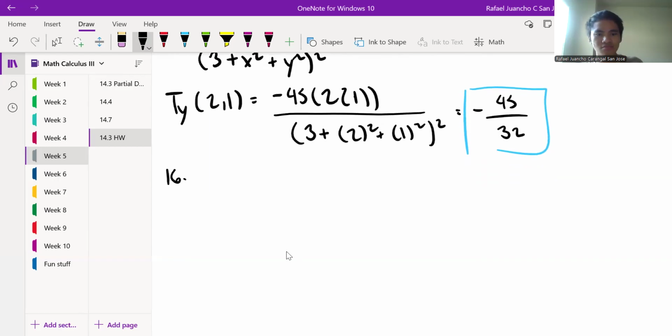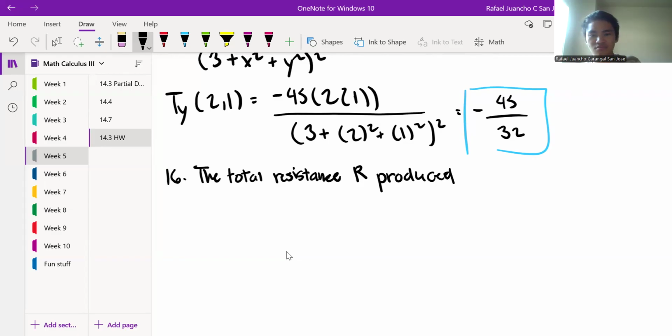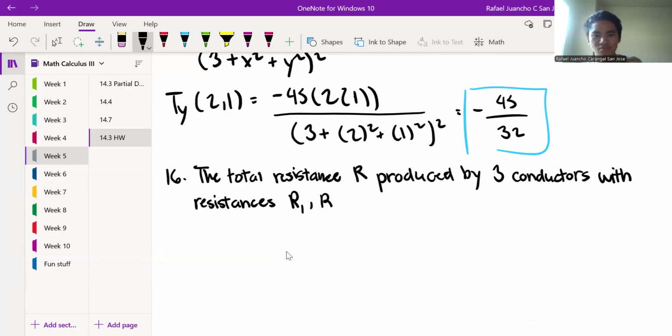So here we have a total resistance R, and it's produced by 3 conductors. These three conductors have resistances R1, R2, and R3, and they are connected in a parallel circuit.